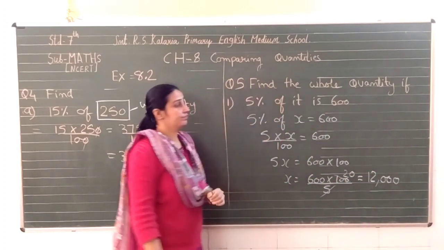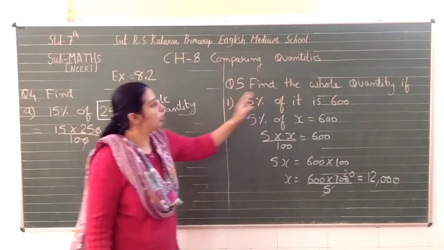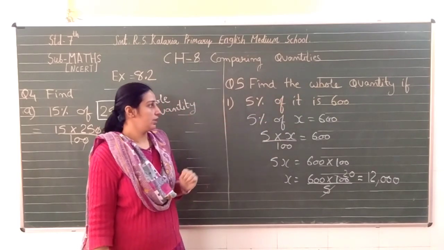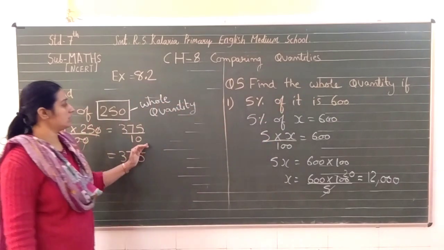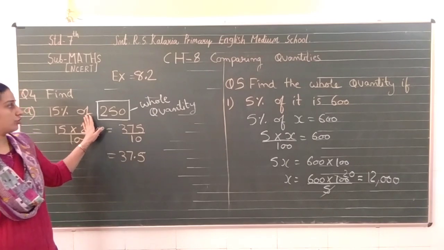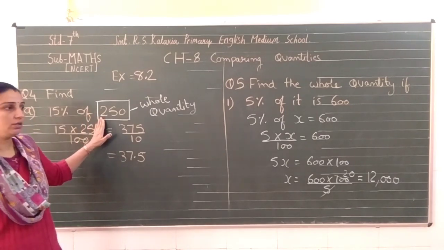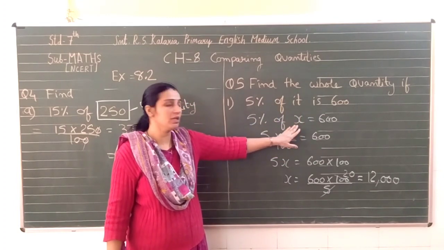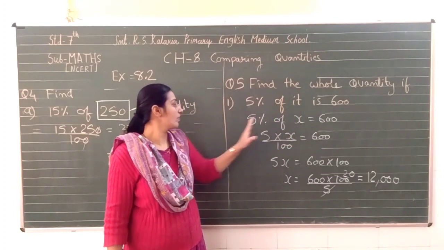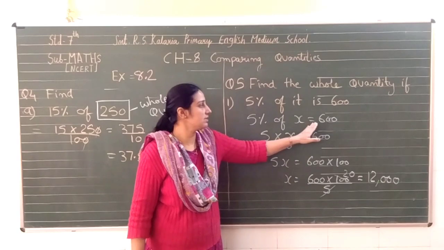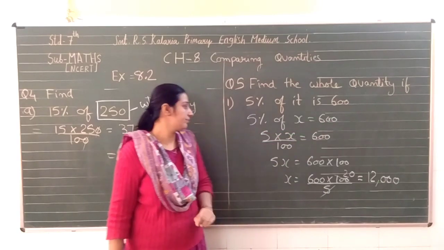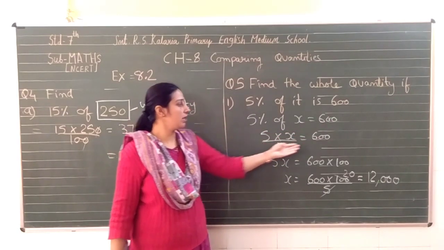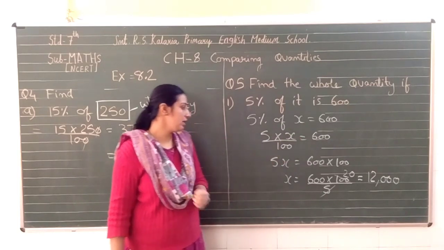Question 5. Find the whole quantity if. Here you can see the difference. In the previous question the whole quantity was given, but here the whole quantity we are assuming as x. 5% of x is equal to 600. 5x upon 100 is equal to 600.